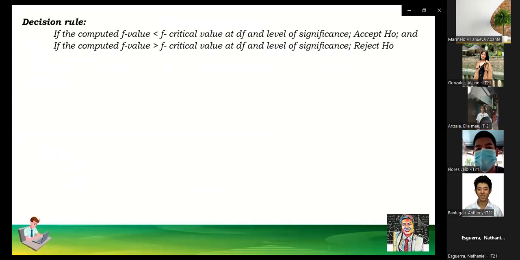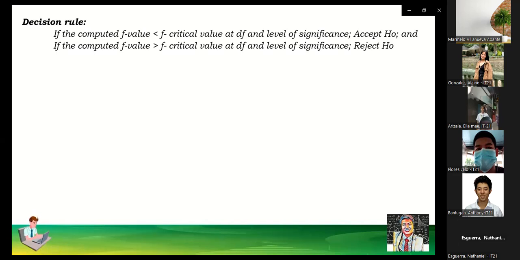Kapag greater than, sabihin labas siya doon, nandun siya sa rejection region, which is reject ang HO natin. Kung makikita natin sa normal curve, kapag less than, within siya, nandun siya sa loob, kaya accept natin si null hypothesis. Pero kapag greater than siya, ibig sabihin, nandun siya sa labas, kung saan natin siniset yung limit, that is reject HO.